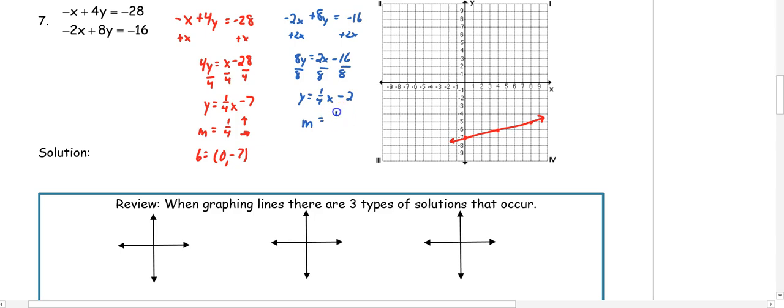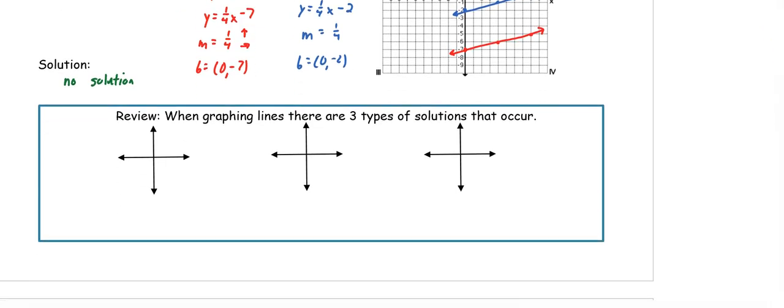They're both 1/4. But my b values are different. So when I go to 0, negative 2, and I use the slope up 1 over 4, I notice they have the same slope, so my lines are never going to intersect, and they're not overlapping. So this is our other special case when we have parallel lines, which means that we would have no solutions.